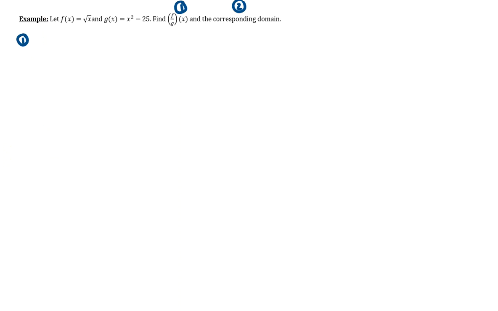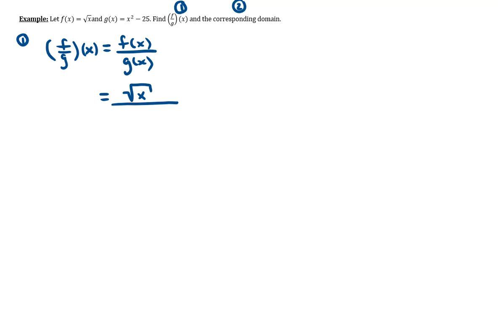Alright, part 1. F over g of x can be rewritten as f of x all over g of x. Now go ahead and replace f of x with the expression it's equal to, that's the square root of x, and then replace g of x with the expression it's equal to, and that's x squared minus 25.